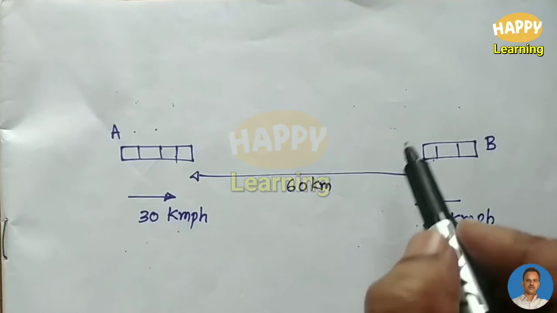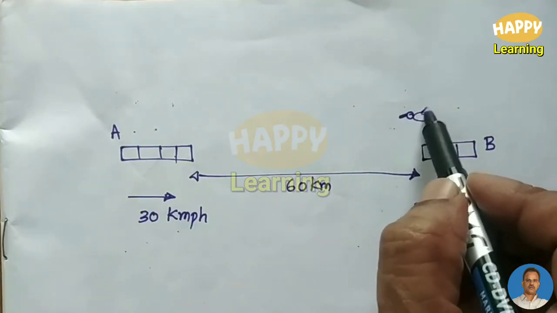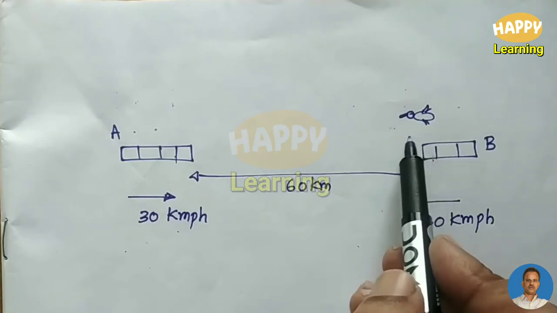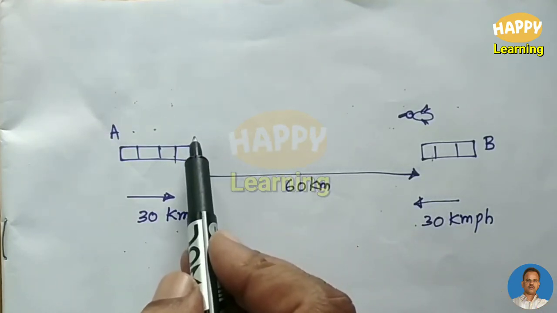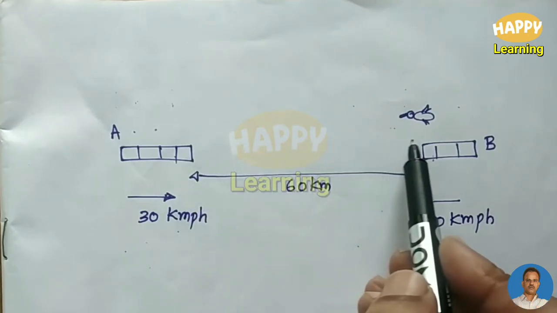At this moment, a bird starts flying from one train towards the other train. When this bird reaches the other train, it turns back and moves towards the first train.